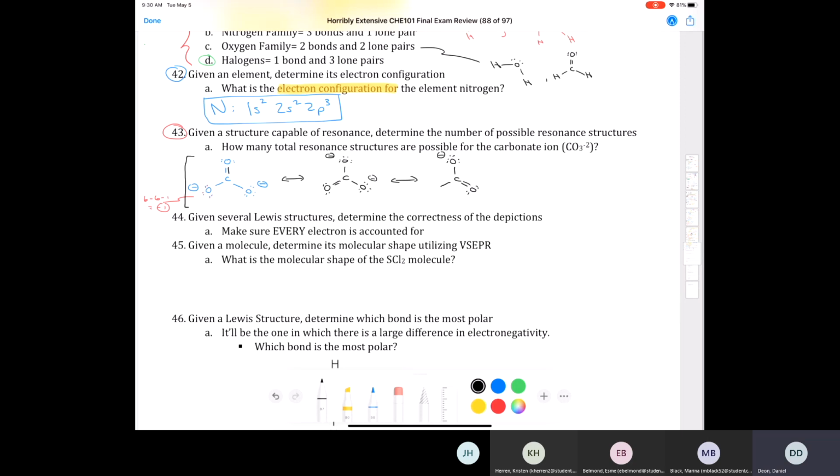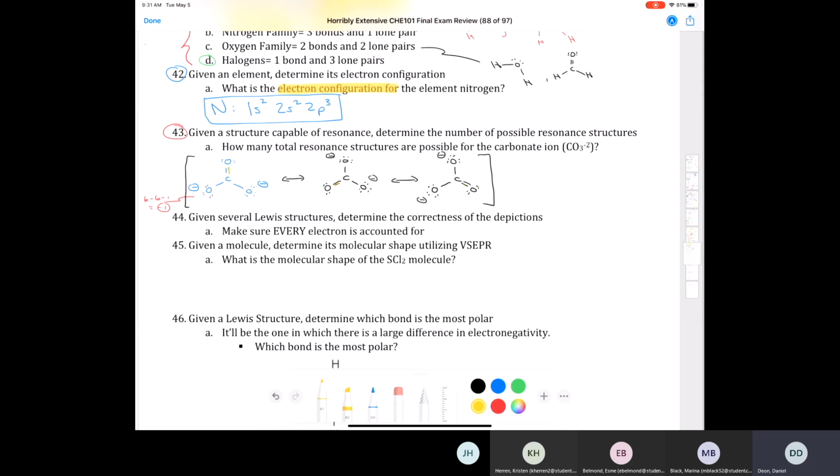It means that none of these structures, all 3 of these beautiful, wonderful structures that I just drew, accurately describe the carbonate ion. The carbonate ion is actually a hybrid of all three of these structures, which we call resonance structures. So again, the two electrons in this bond, once they're here, then they're here, then they're here.